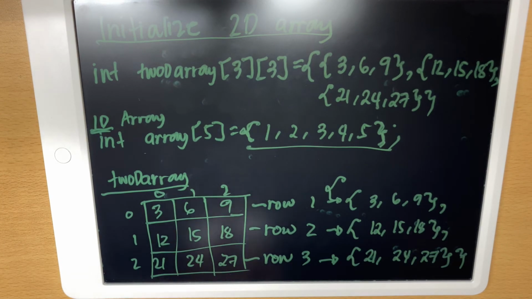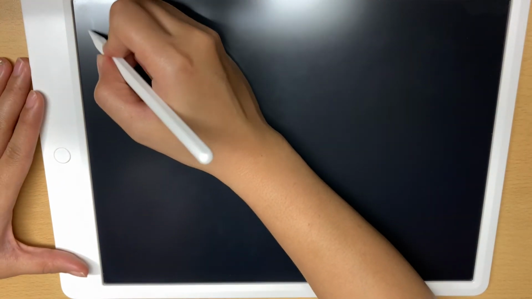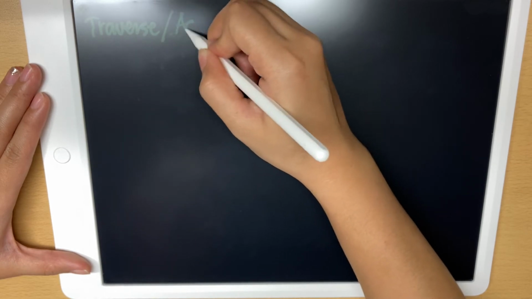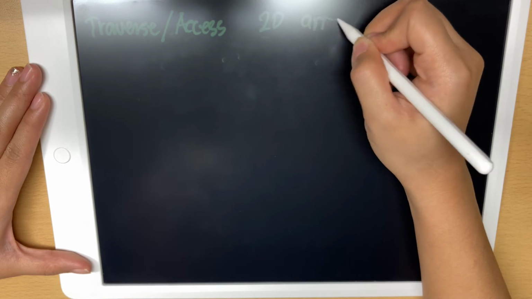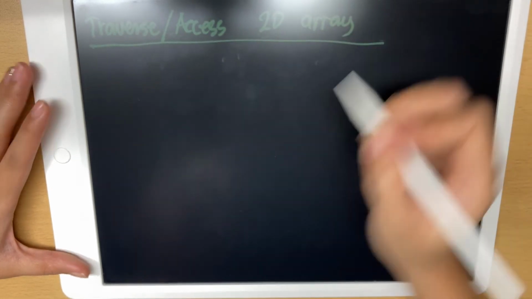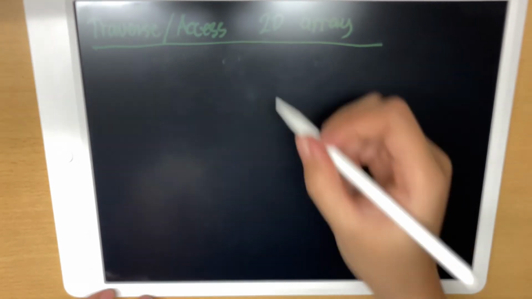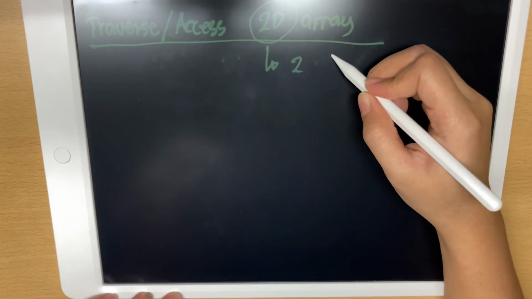And how do we traverse each element in a 2D array? Traverse, or let's say access a 2D array. Similar, what did we use for the 1D array? So we use loops. We use a loop. And since it's a 2D array, then we're gonna have to use 2 loops.